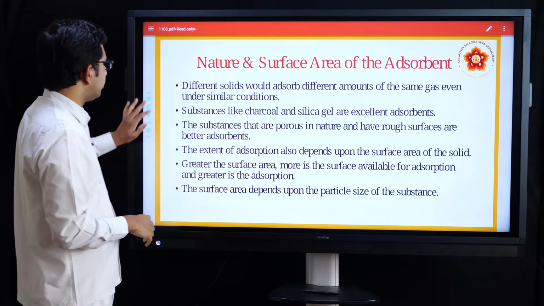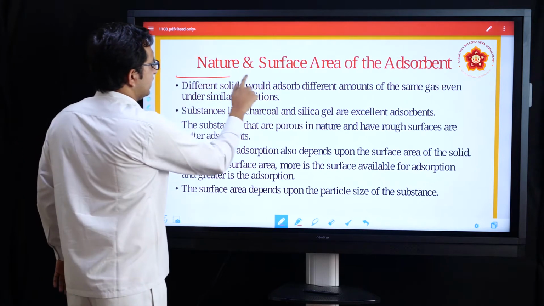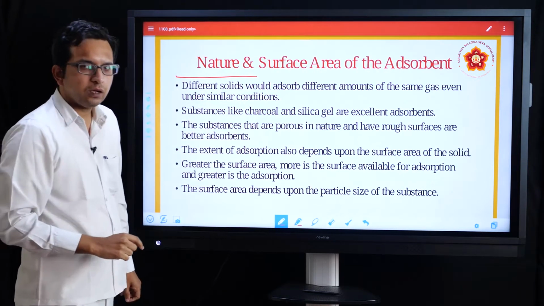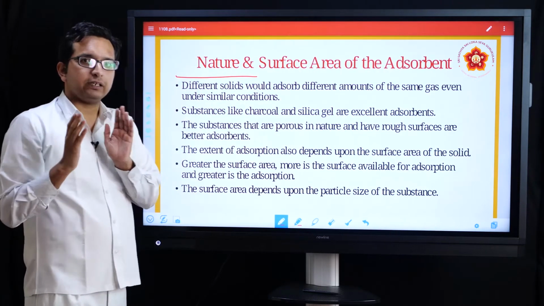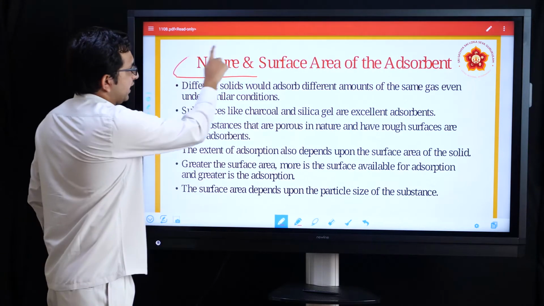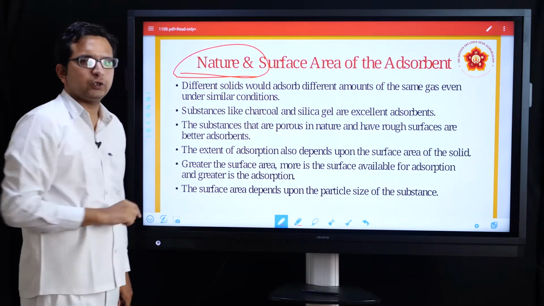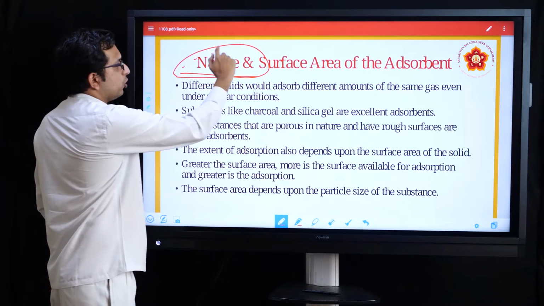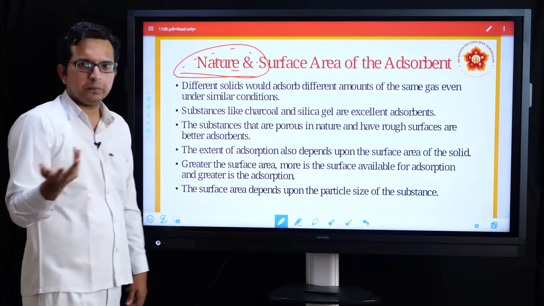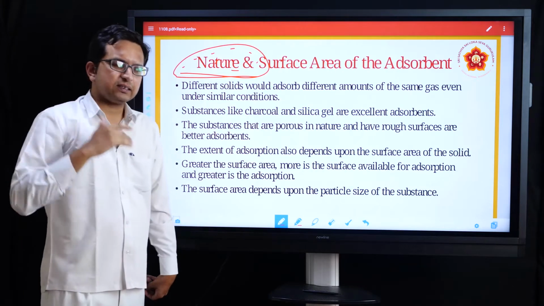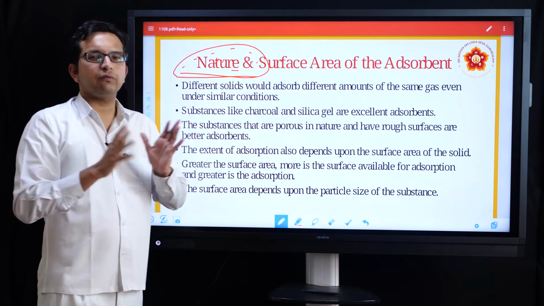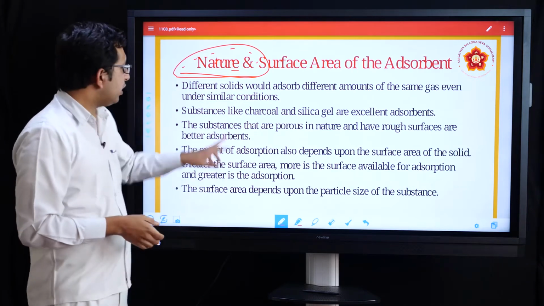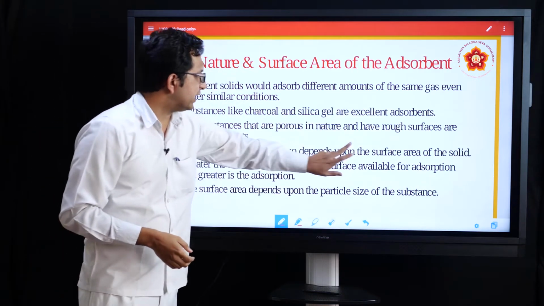Now in this case, if we have a layer, its size will definitely matter, because if you have a large surface area, naturally more molecules going and settling on it will be more. If the area is less, the adsorption also will be comparatively less. Now what does this factor of nature mean?